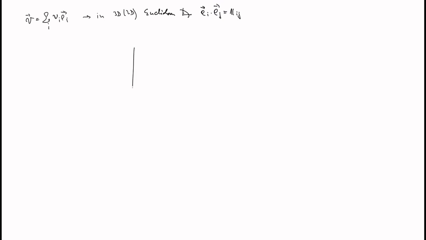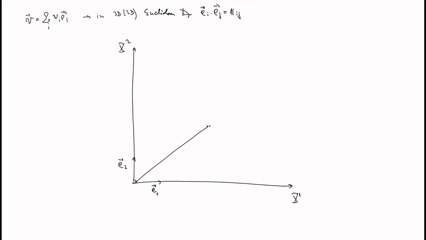It means that if I draw a coordinate system like so, with axis x1 and axis x2, and I point my basis vectors along the directions of these axes, so there is a right angle here, then the vector which I draw here is going to have components v1 and v2.